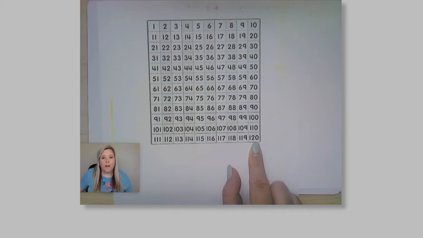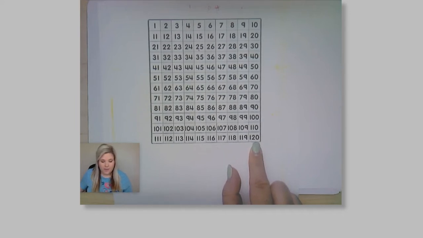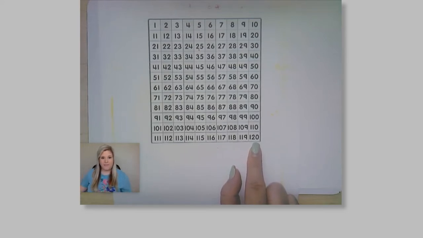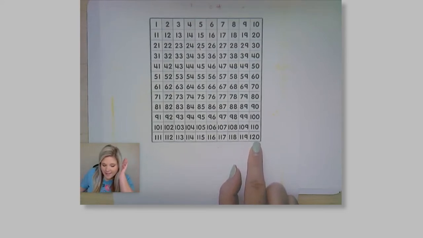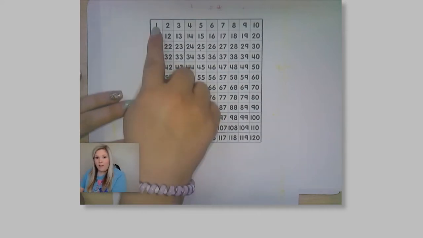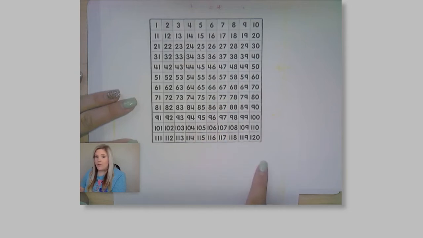This is 120. Now you say 120. Great job! You notice the numbers get bigger as we count from 1 to 120.